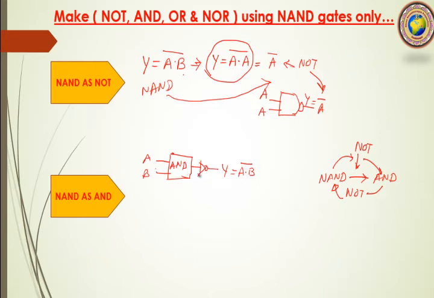So an AND gate and then inverting gives this NAND gate. Same way for the NAND gate we also have to change.